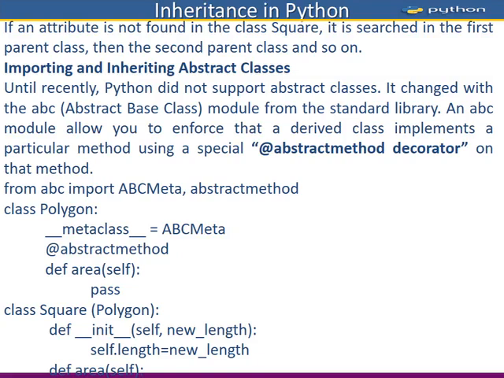The special abstract method decorator enforces method implementation in the derived classes, which is the subclass. This is an example of how they use the abstract method decorator in Python. We can see how, in the same code, the class square inherits from the parent class polygon. So we can study this.